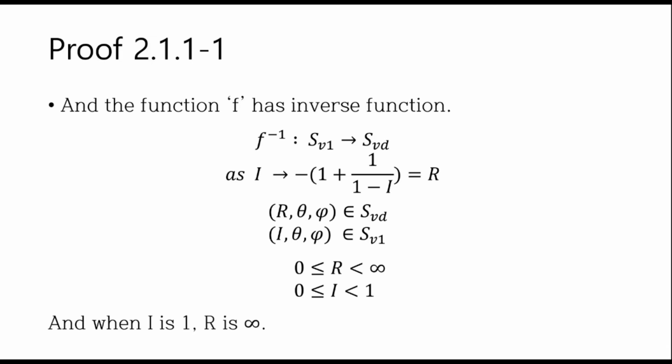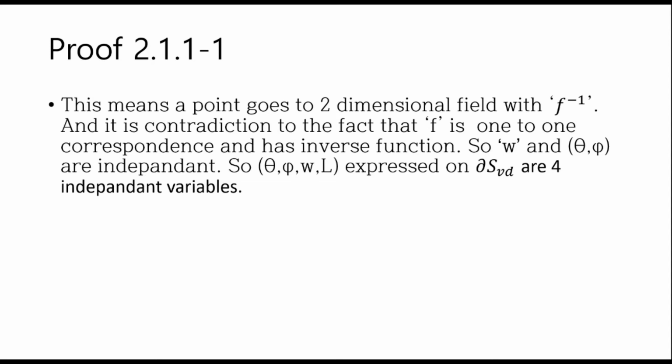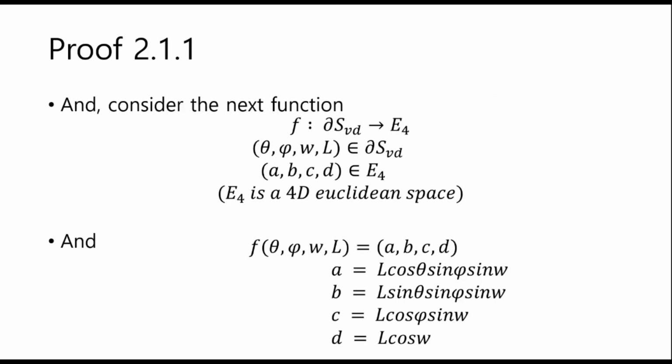And when I is 1, r is infinite, this means the point goes to a two-dimensional field with inverse f, and it is a contradiction to the fact that f is a one-to-one correspondence and has an inverse function, so omega and theta phi are independent. So theta phi, omega, L expressed on DS3D are 4 independent variables.